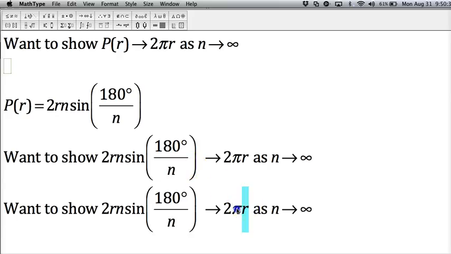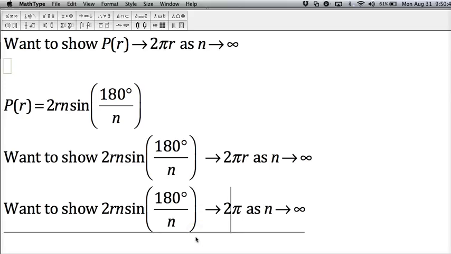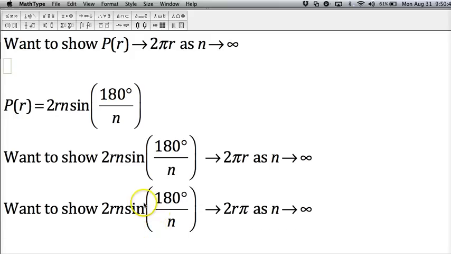Instead of 2 pi r here, I'm going to put 2r pi. Okay, in that way we can now see that both sides have this 2r here and this 2r here.